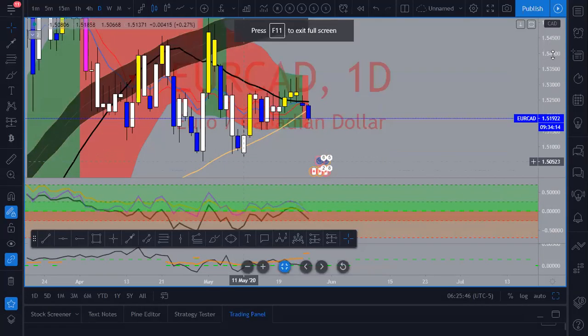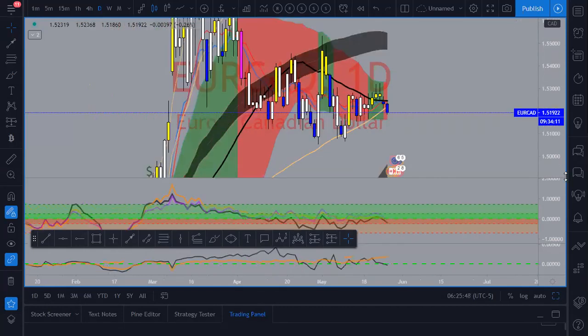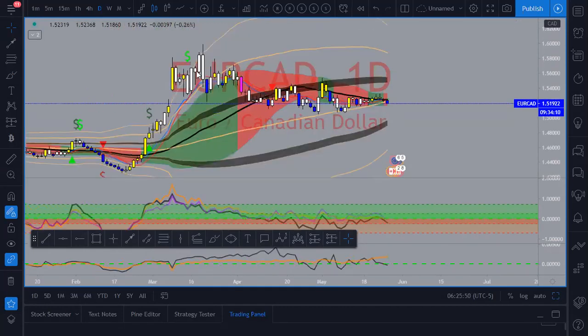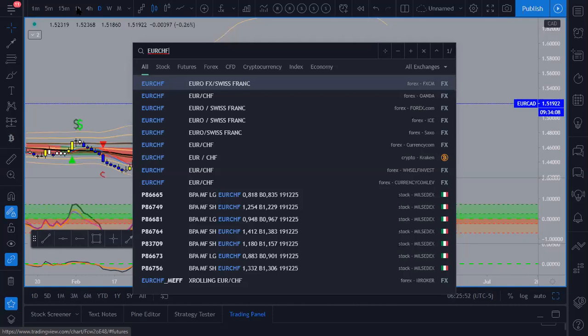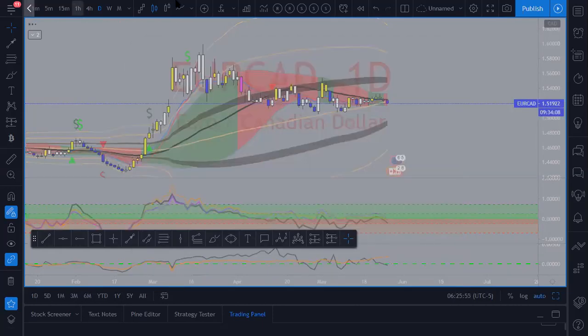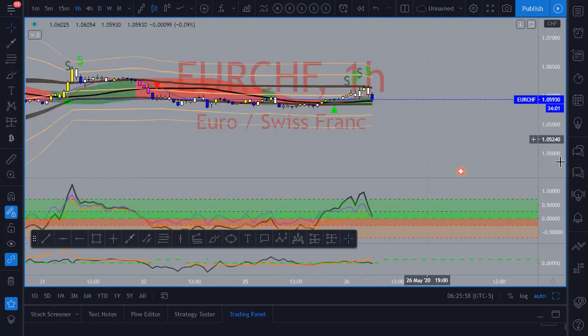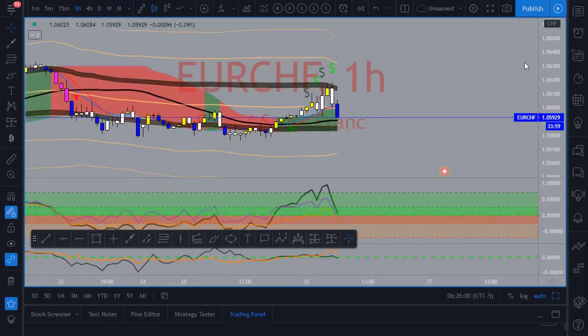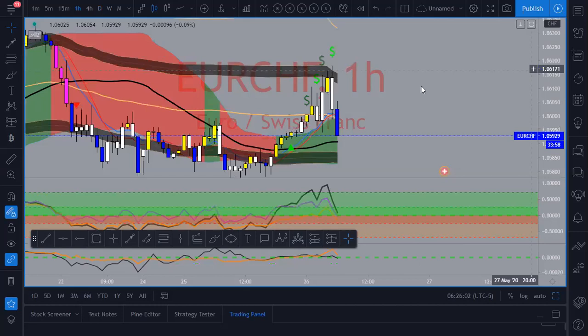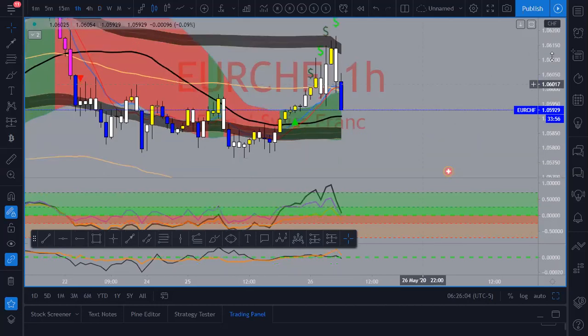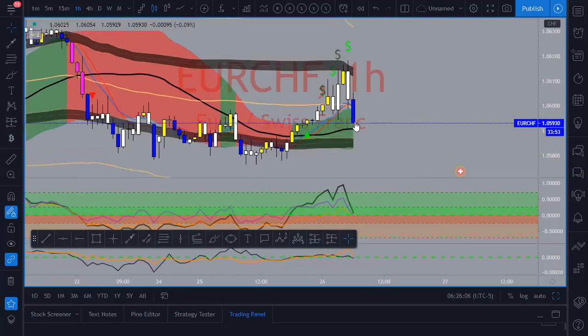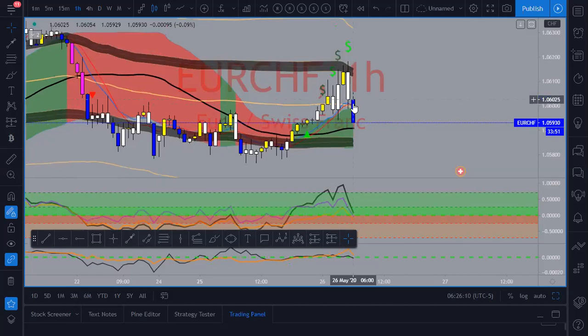So first, we'll go ahead and look at Euro CHF, see what that's looking like short term. Okay, so Euro CHF, this looks really good for a buy if that's what it's going to do. But just like on Euro CAD, we have this big bearish candle right here.